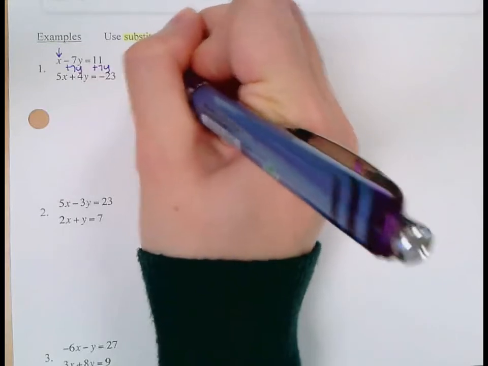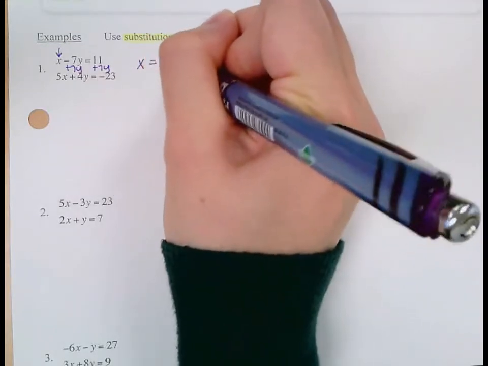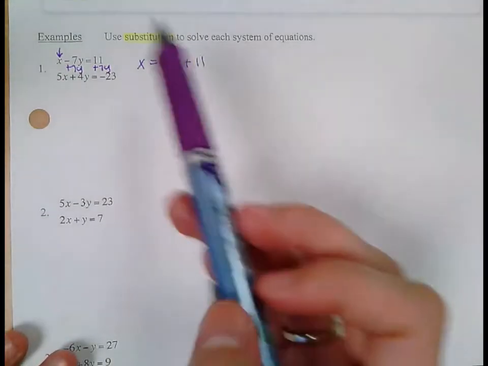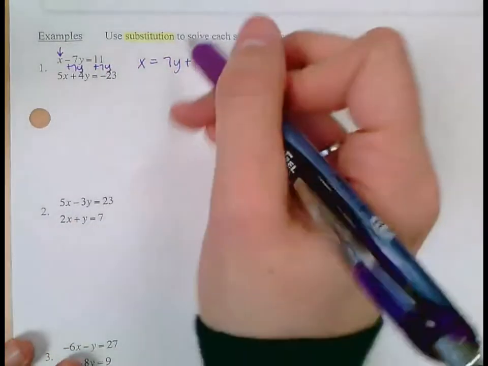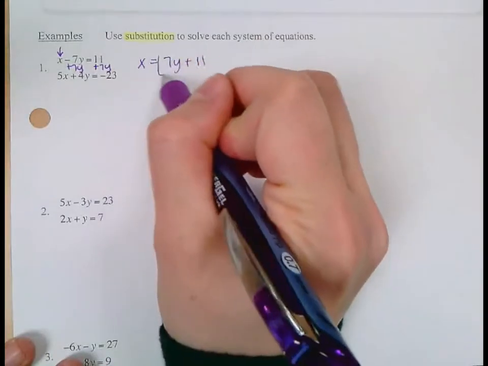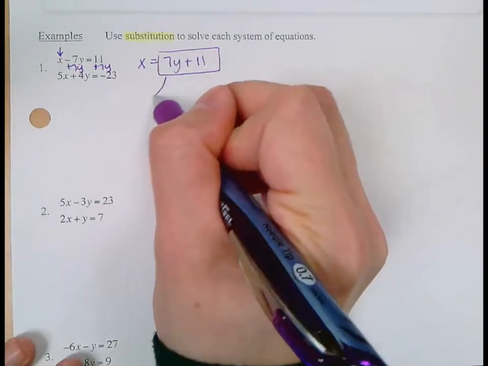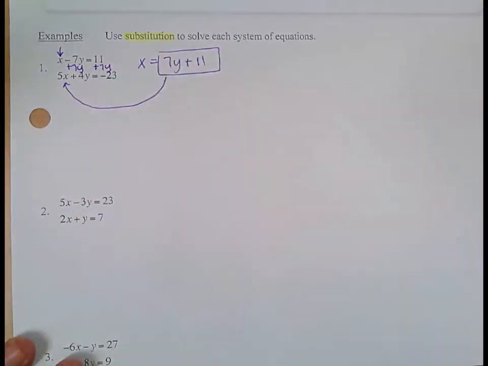And I would get x equals 7y plus 11, or 11 plus 7y. That is step 1. And then step 2 would be to substitute this expression that x is equal to into the other equation for the x.